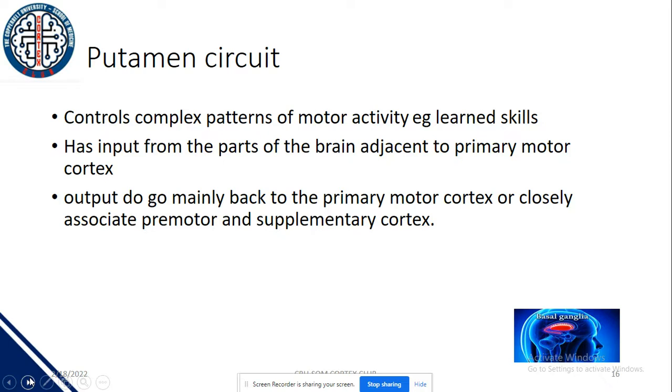So now we're saying the inputs that are actually going to activate the putamen arise from that primary motor cortex. Now, if we look at the output, they usually go back to the same primary motor cortex or closely associate with the premotor as well as the supplementary cortex.